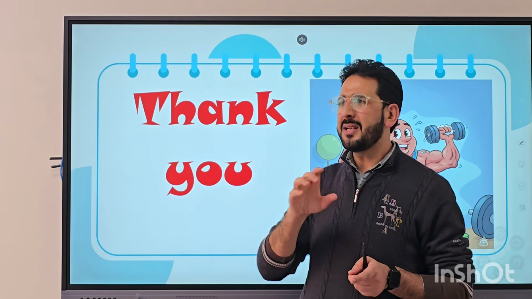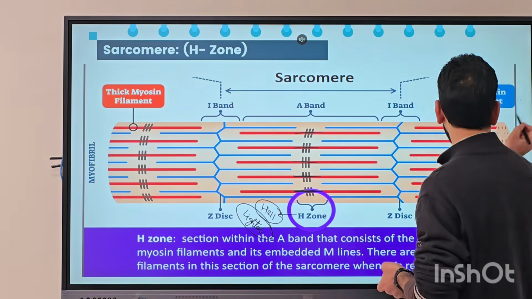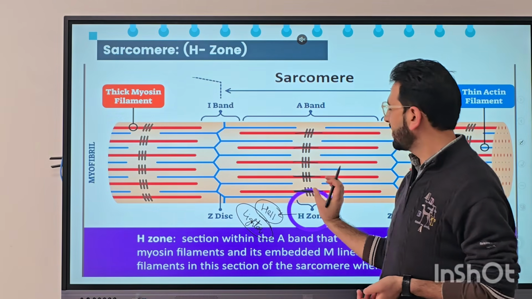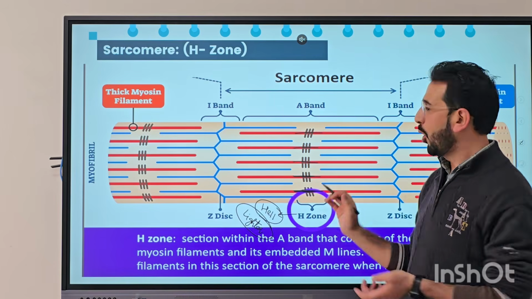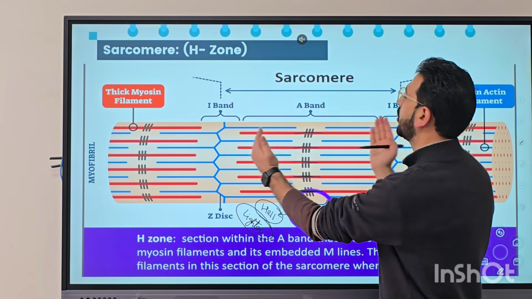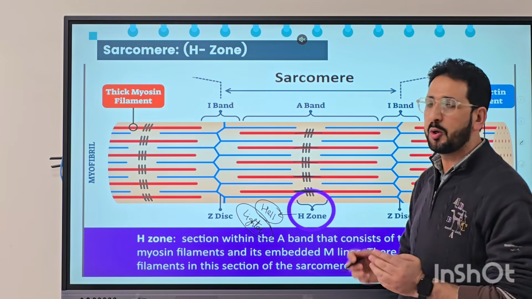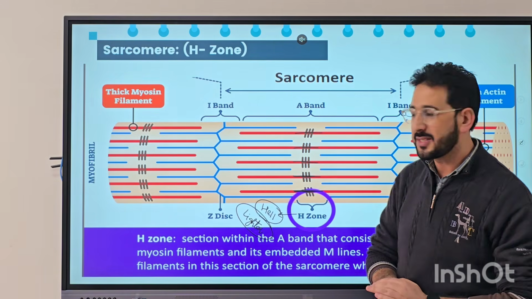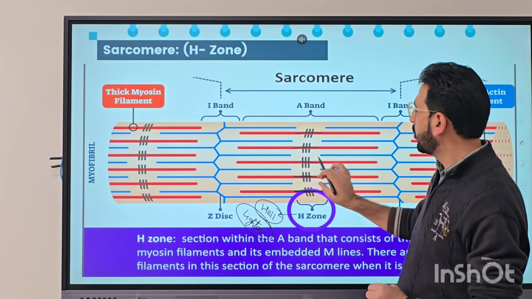And this H band is in the resting position, because if we see in the previous slide, this H zone is in the resting position. But once there is contraction, all these actin filaments will be pulled. These Z lines will be pulled close to each other. That means this H zone will not appear during the contraction phase, because these actin filaments will come close to each other.